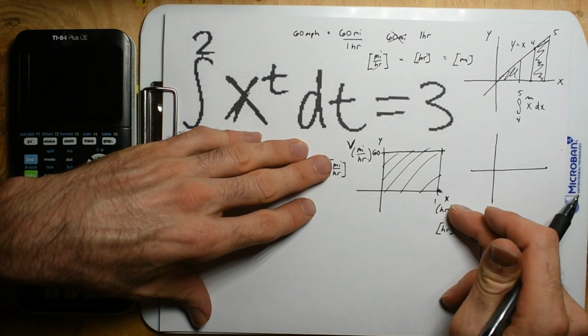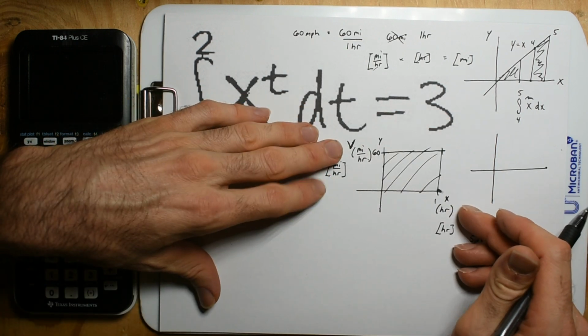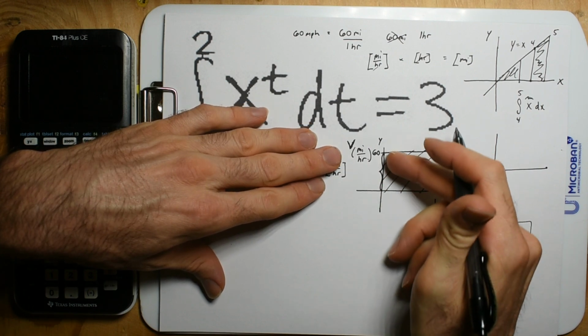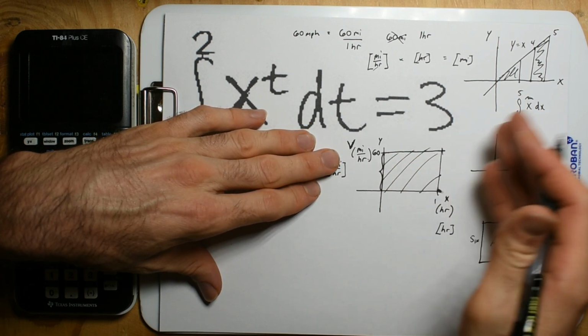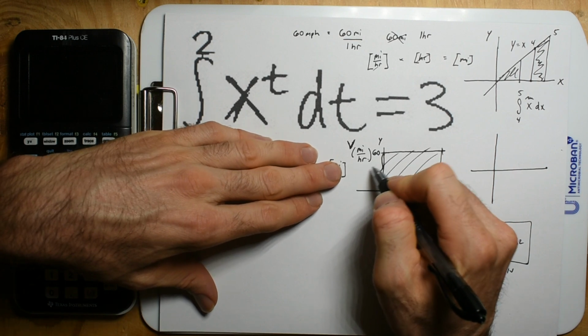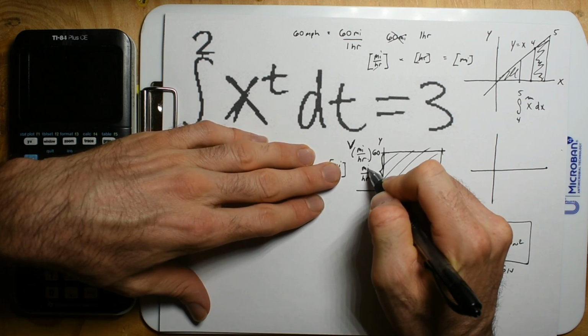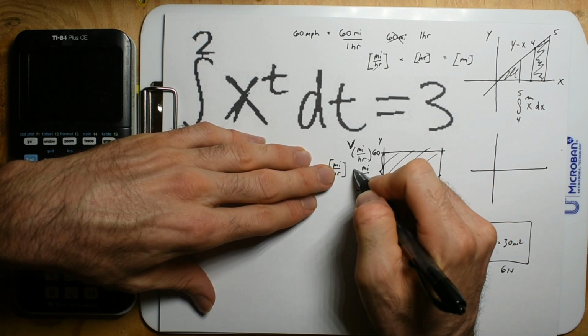So with the y-x graph, you do the same thing, but this dimension right here, this side of this imaginary wooden block, its dimensions are miles per hour, and you've got a height of 60 of them.